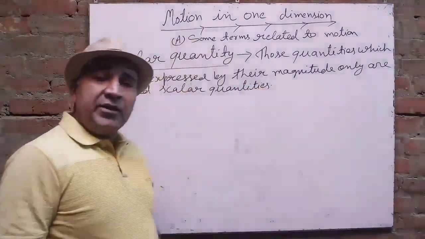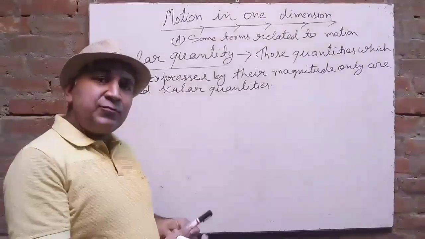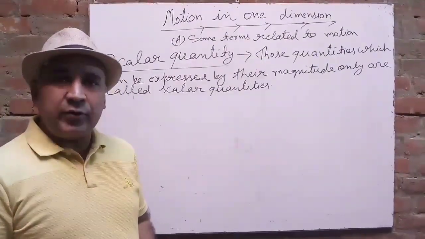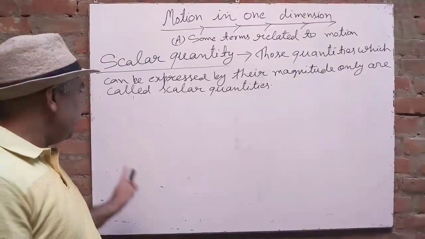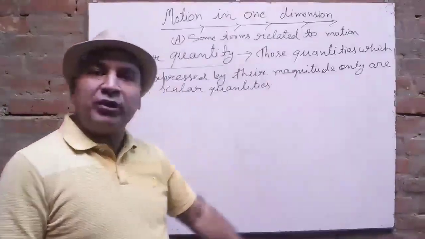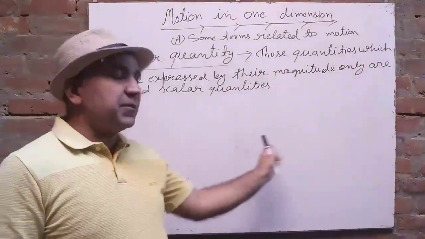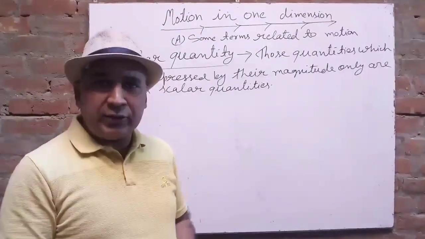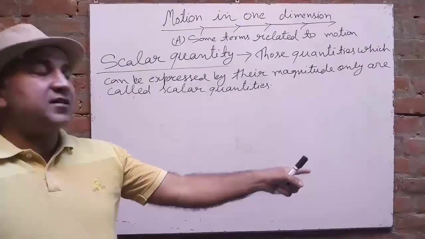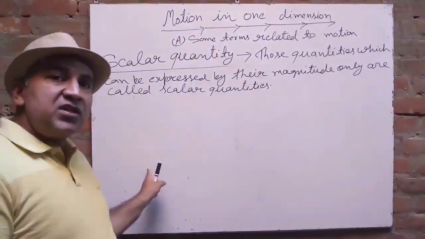Yes children, if the quantity can be expressed only by its magnitude. Suppose I give you one example. The length of this board is 1.25 meter. Here the meaning is clear. Length has been expressed in terms of magnitude. 1.25 meter is the magnitude of the length of this board.